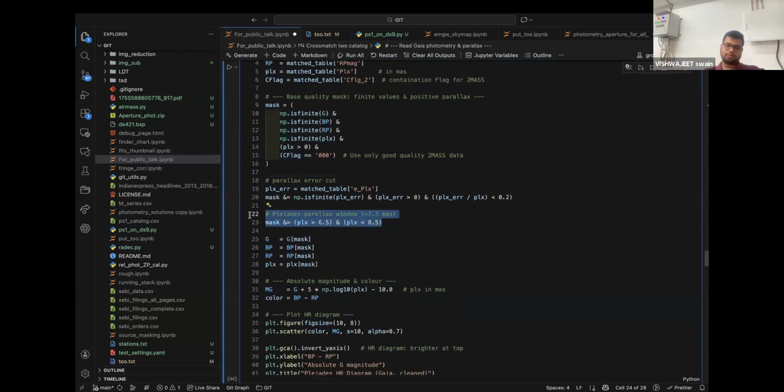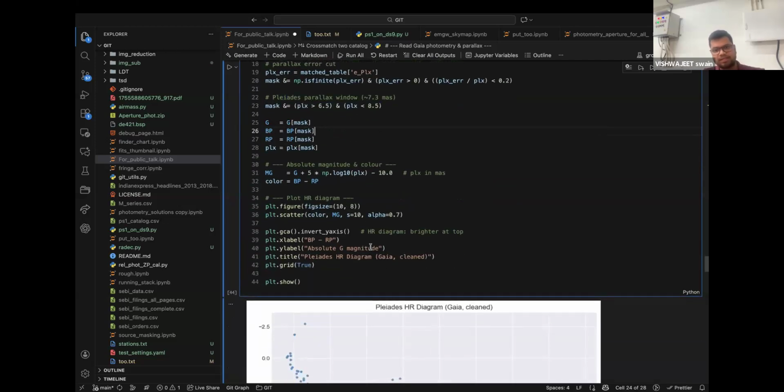So let's say this particular array is pointing toward the Pleiades. And we know from the paper that the Pleiades has a parallax of around 7.3. So we put some uncertainty and filter the table to parallax values between 6.5 and 8.5.